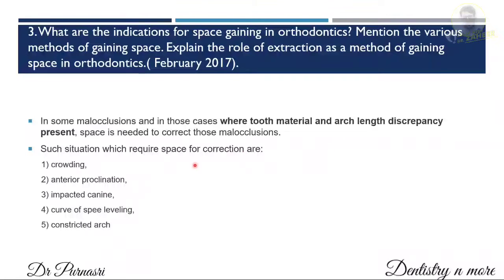So some situations where we need to gain space are crowding, anterior proclination, that is bimaxillary protrusion or proclination of anteriors, then impacted canine, when there is no space to bring the canine into the arch, curve of Spee leveling, that is when there is a deep curve of Spee, and if the arch is constricted. Then the various methods of gaining space and the role of extractions we have already discussed.